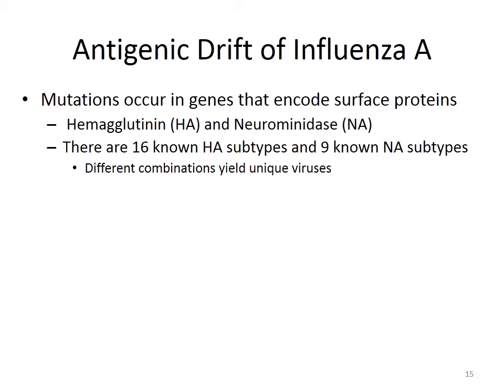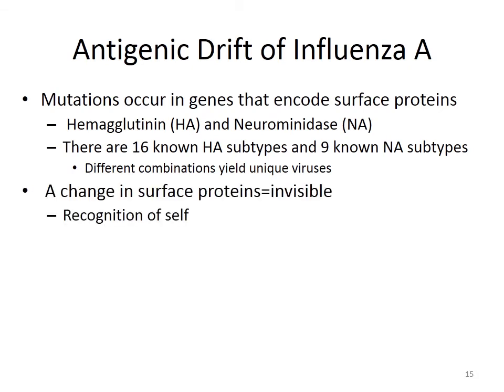and hope that it's going to be good against the flu virus for that particular winter. So in influenza A, you get these mutations occurring in genes that encode surface proteins, and there are 16 known HA subtypes and 9 known NA subtypes. All these different combinations can be very unique viruses.